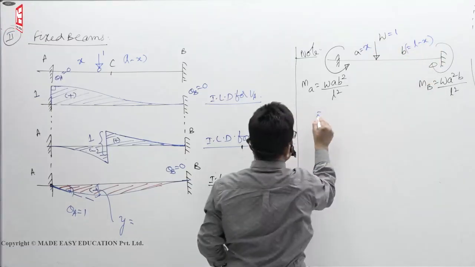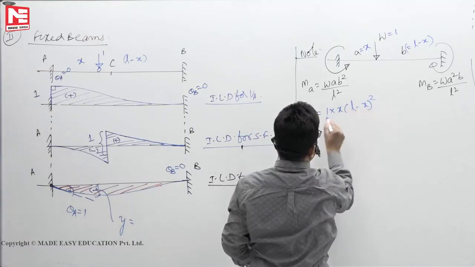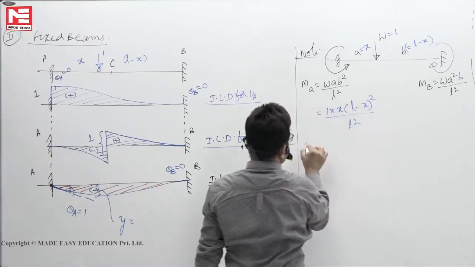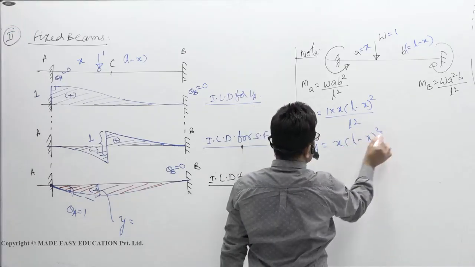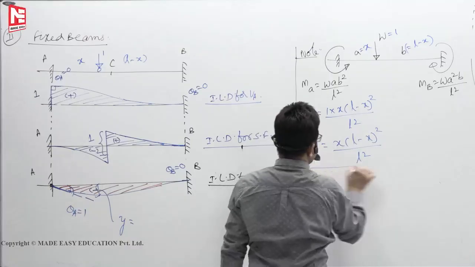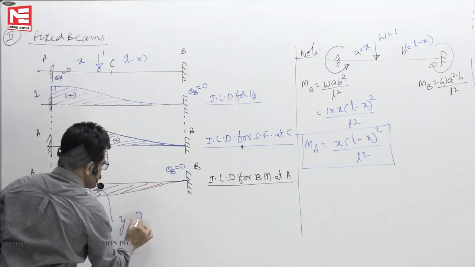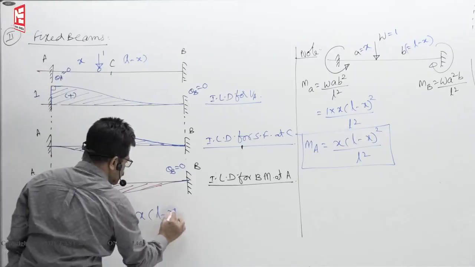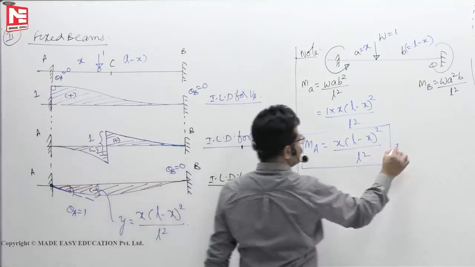Then I will get the general expression 1 into x into (L minus x) square by L square. So MA is equal to x into (L minus x) whole square by L square. Now we see it is a third degree curve, x into x square. So y value is x into (L minus x) whole square by L square. It is a 2 marks question.